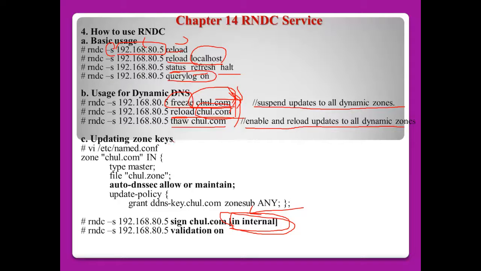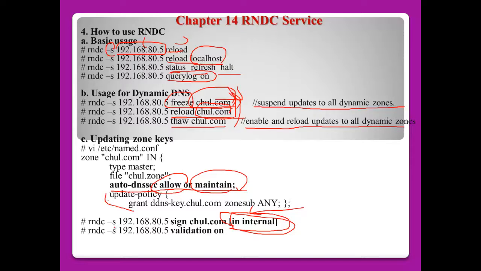And updating zone keys, if you want to update the zone key. In the previous video I already explained about this one, update zones. So in this case, if you want to permit updating zone keys, then you have to add auto-dnssec allow or maintain.